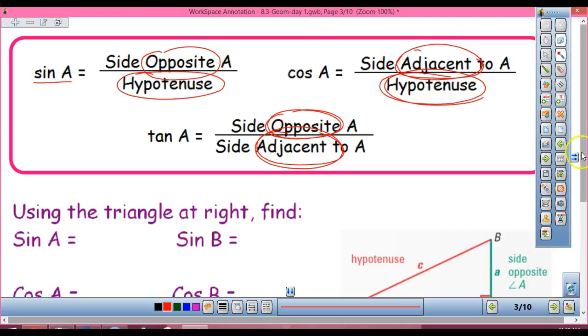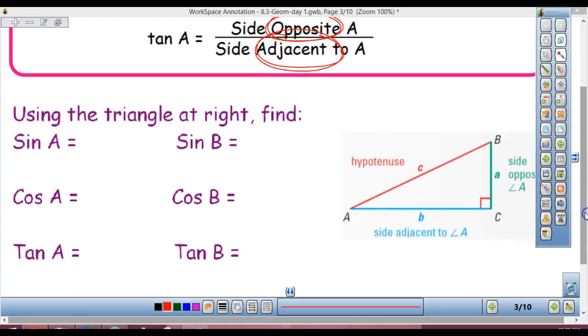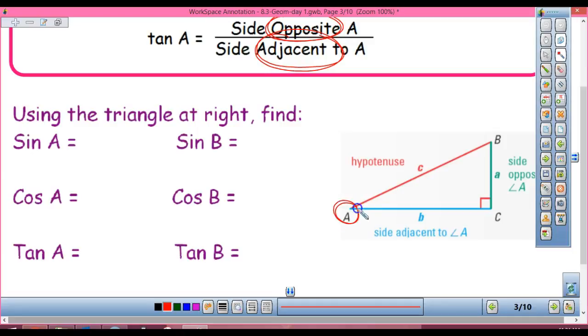Okay, so if we look at our triangle, and if I want sine of A, so now I'm looking at A, sine is going to be opposite, which is what side? A, over hypotenuse, which is C. So sine of A would be A over C. Cosine of A, cosine is the adjacent side.